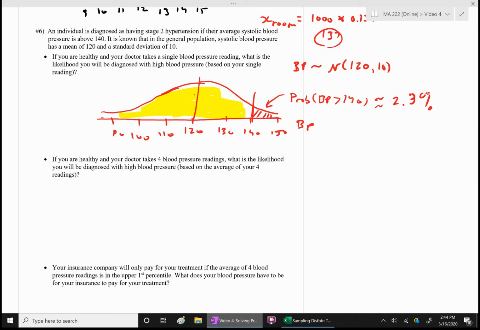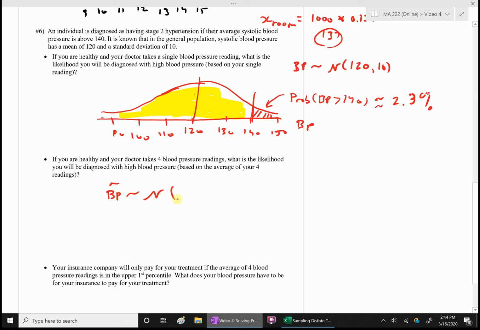So suppose you're from the general population and a doctor takes 4 blood pressure readings and then averages them. Now the question is, what is the probability that the average of those 4 will be above 140? Okay? And so if we look at this, notice things are going to change now, because the average blood pressure reading is going to have a normal distribution.